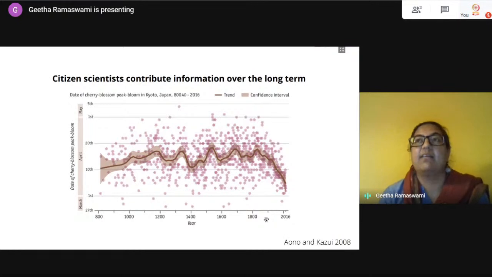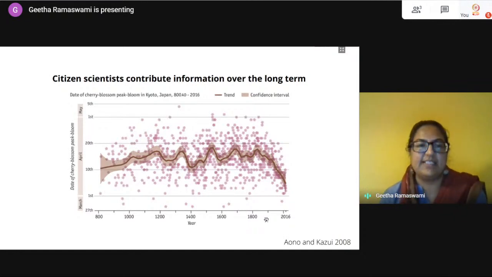Citizen scientists have been collecting information on plant phenology for very long periods of time. In the city of Kyoto in Japan, where the culturally important cherry tree blossoms, it's a spectacle to behold, and it's the harbinger of the spring season or the growing season in that region. And as such, this species finds a lot of cultural importance in Japan and has therefore been documented for centuries.